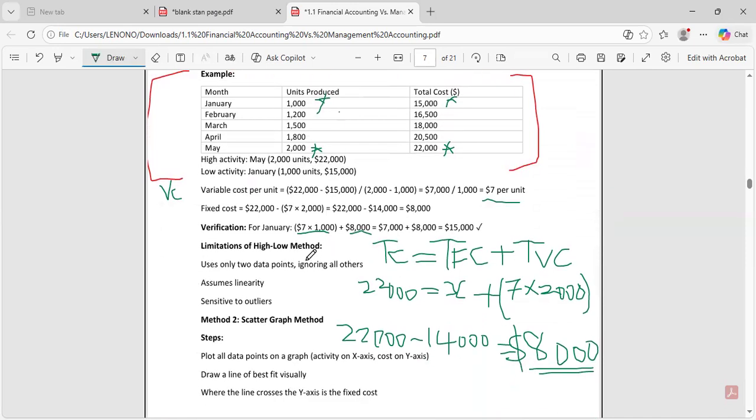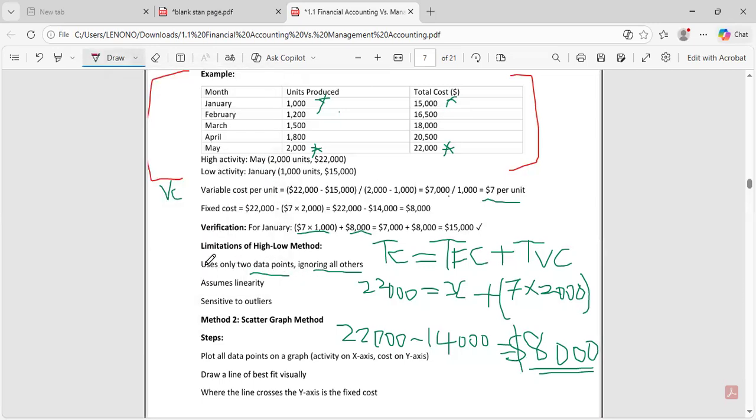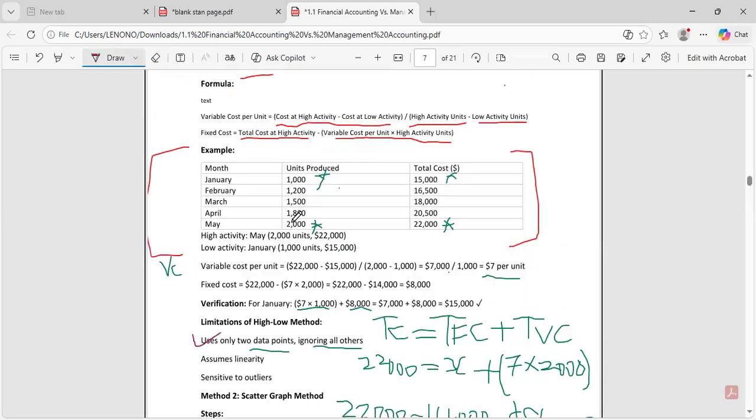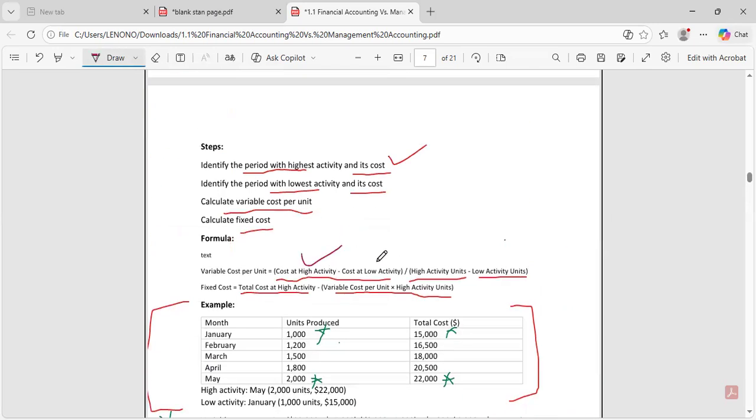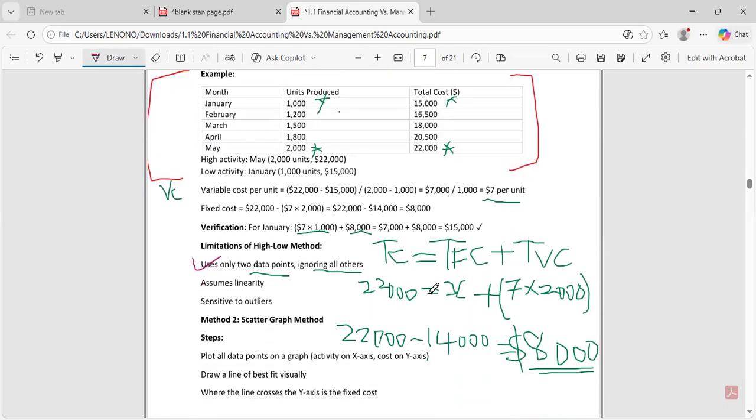So the limitation of the high-low method is that it uses only 2 data points and ignores all others. That's a limitation. Like in this case, it will just use the highest and the lowest cost, ignoring other parameters. Then it assumes linearity.